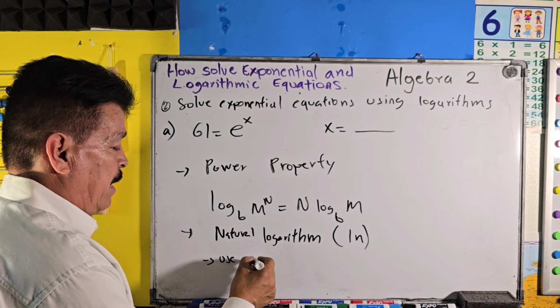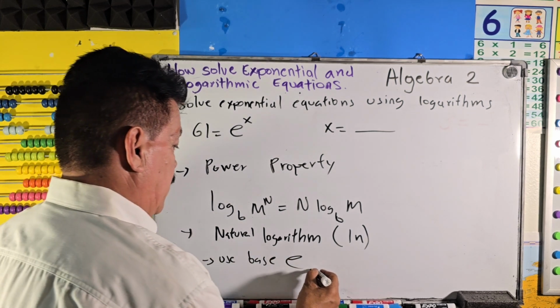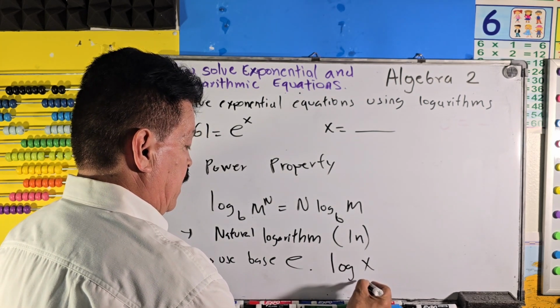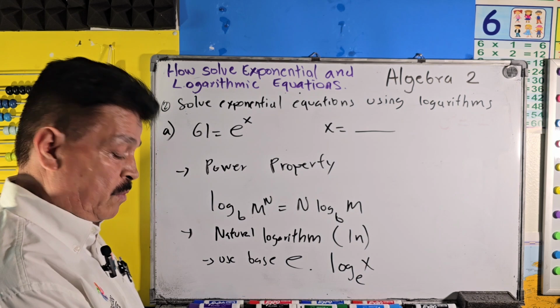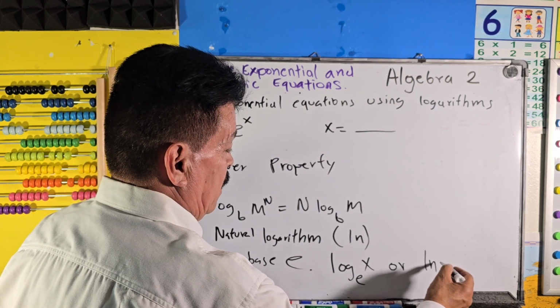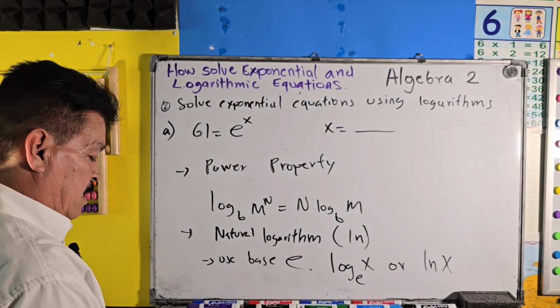We write log of x with base e, or the natural logarithm of x, in this way.